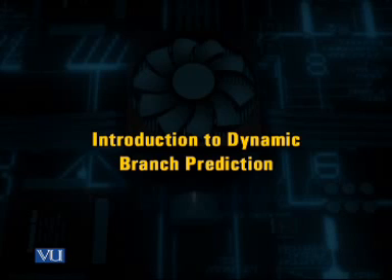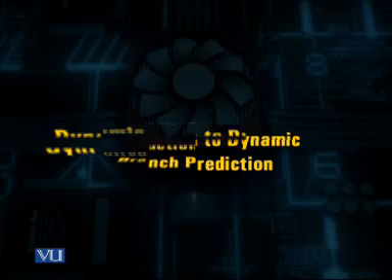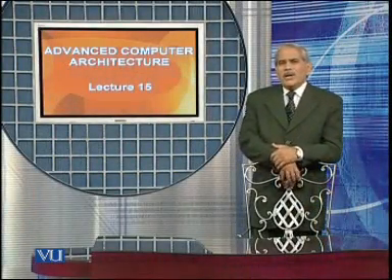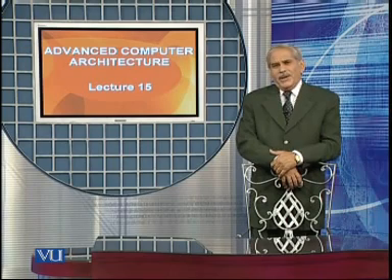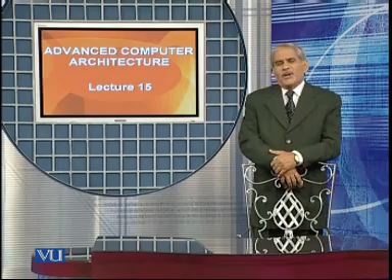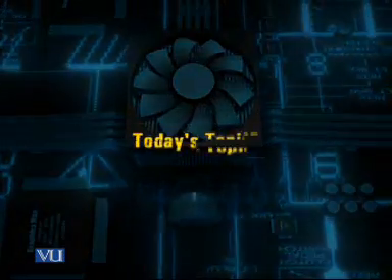Continuing with this, today we will discuss the dynamic branch prediction that results in reducing the time to, number one, determine branch condition, number two, calculate the branch target address. Here in dynamic branch prediction, we will observe that we calculate the branch address quite earlier. Therefore, the overall time for branch prediction is reduced.